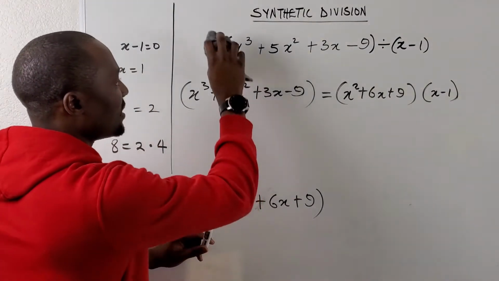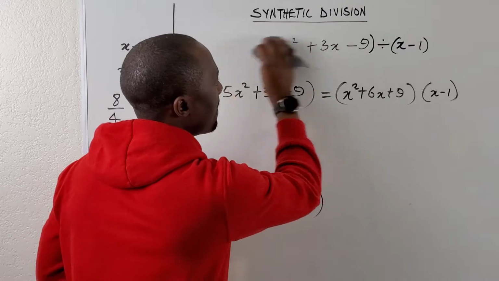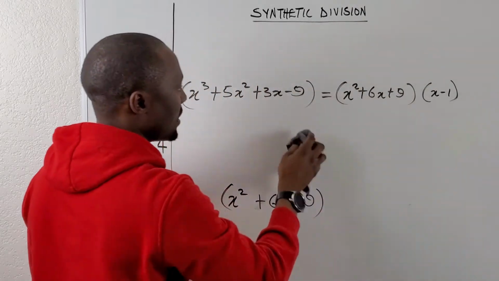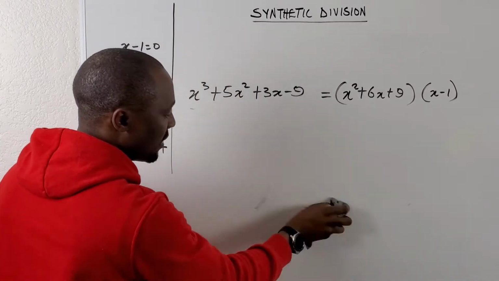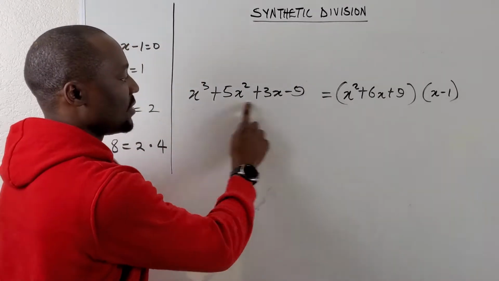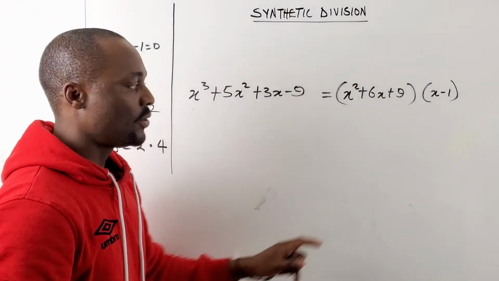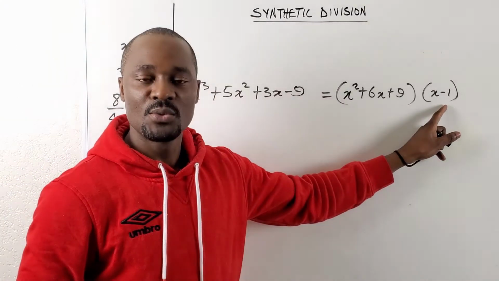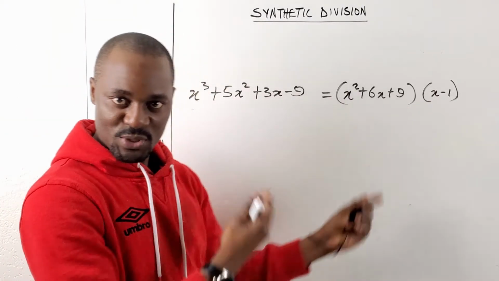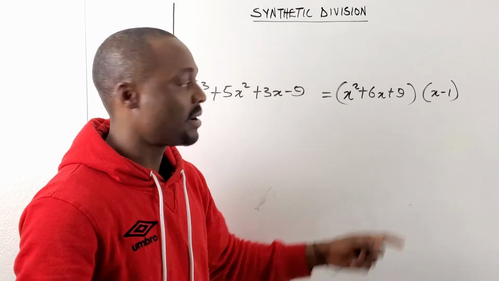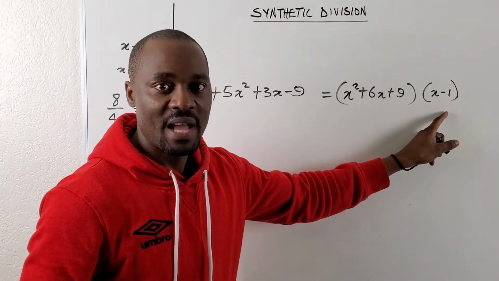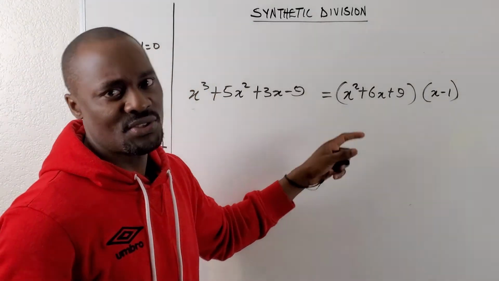So if a question says, what are the factors of this? Well, you already know that x minus 1 is a factor because we just did the synthetic division with it and it gave us no remainder. It confirms that this is a factor. Is there a way we can factor this? Yes, definitely.